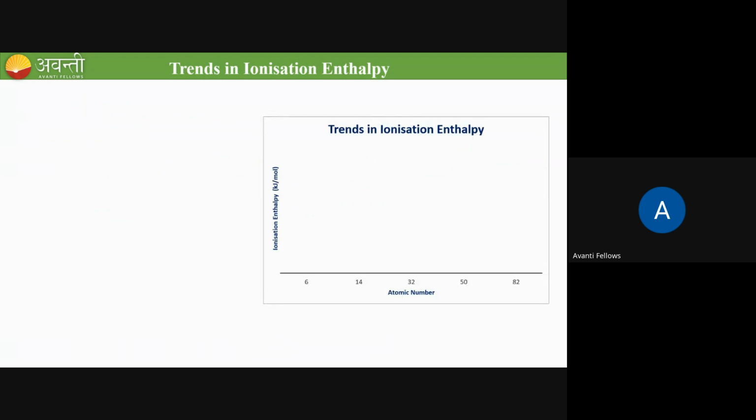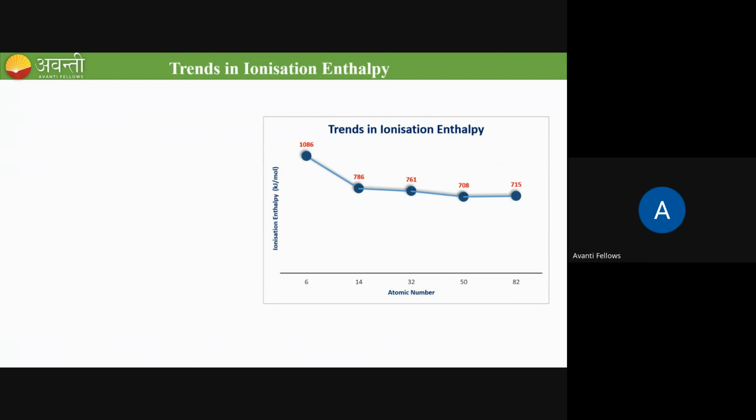Atomic size increases from carbon till lead, so ionization energy will decrease from carbon to lead. For carbon, the energy value is 1086 kilojoule per mole, and it keeps on decreasing.